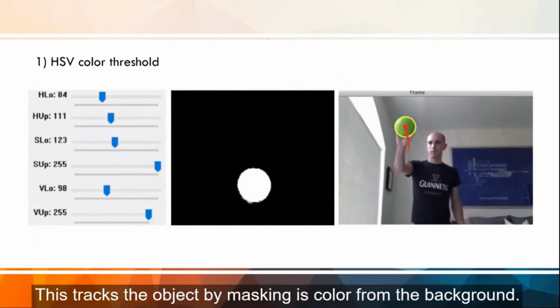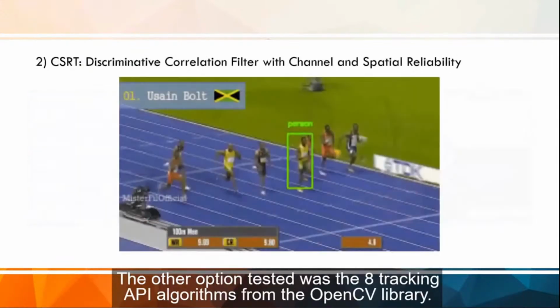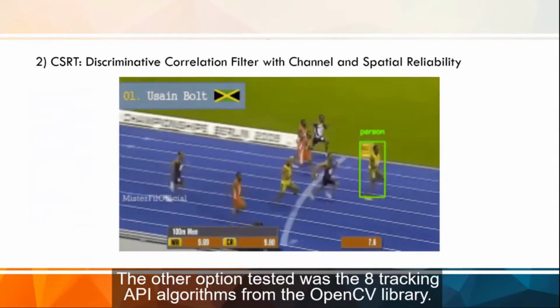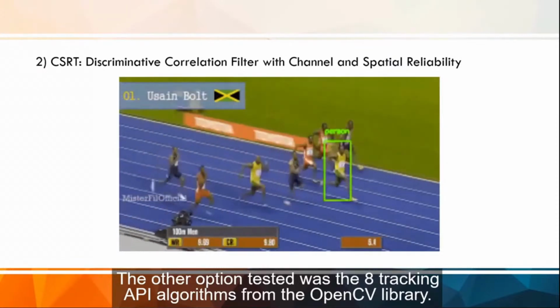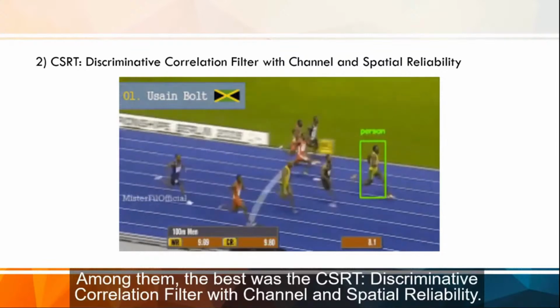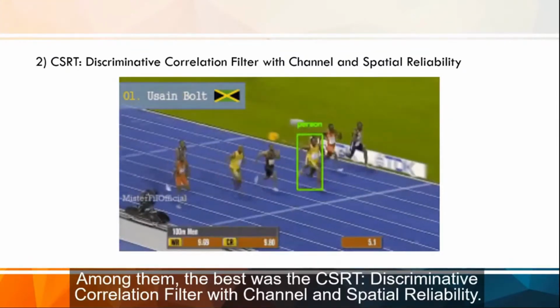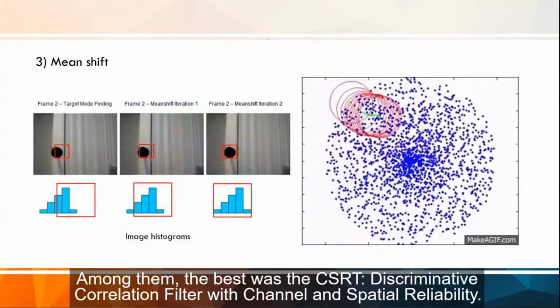This tracks the object by masking its color from the background. The other option tested was the 8 tracking API algorithms from the OpenCV library. Among them, the best was the CSRT, discriminative correlation filter with channel and spatial reliability.